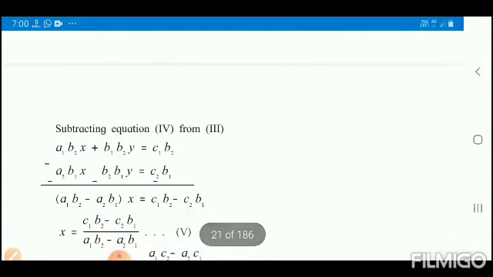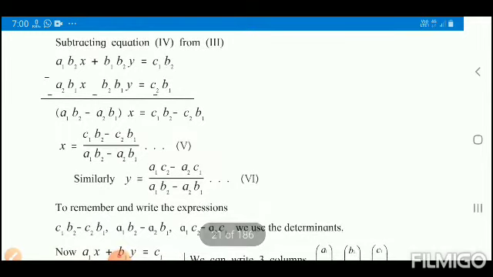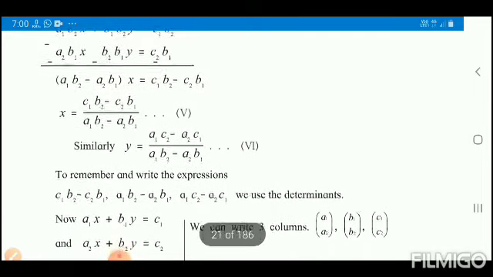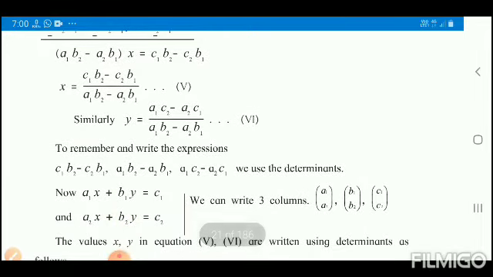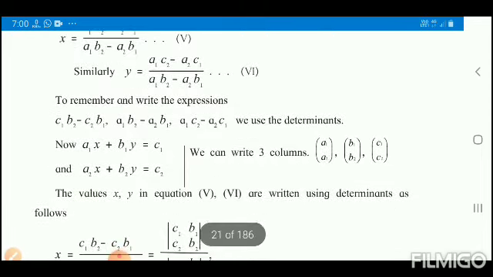Now subtract these equations, you will get the value of x such as c1 b2 minus c2 b1 upon a1 b2 minus a2 b1. This is equation number 5. Similarly, y is equal to a1 c2 minus a2 c1 upon a1 b2 minus a2 b1. This is equation number 6.